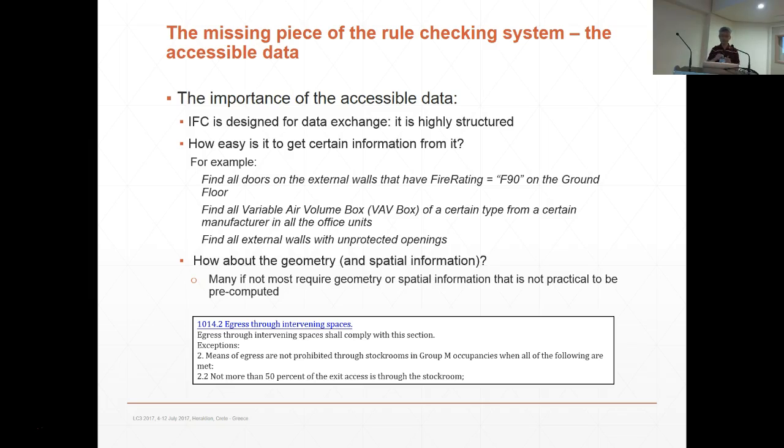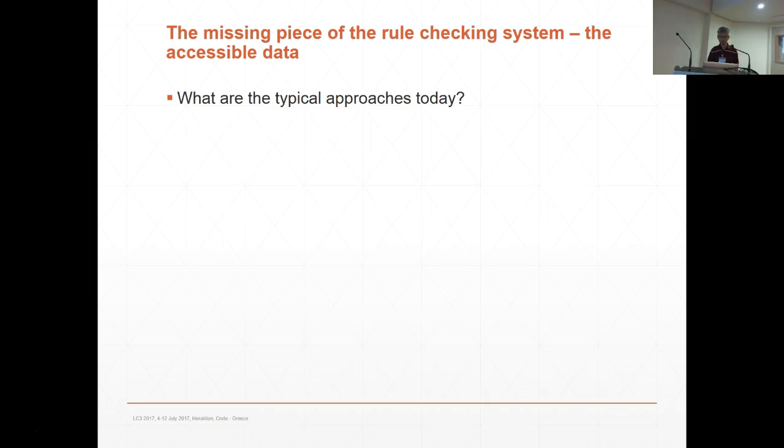The egress path says that you cannot pass through certain spaces unless you have other potential, so 50% of it should not pass, but 50% of it can pass. That kind of thing you cannot pre-compute and then say, okay, these are the possible paths, because you have to have some logic to determine them.